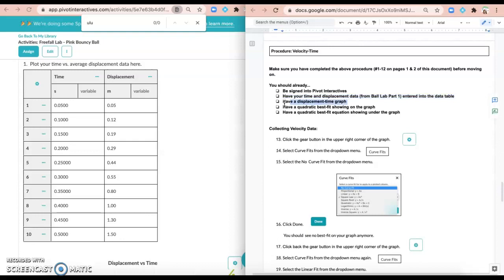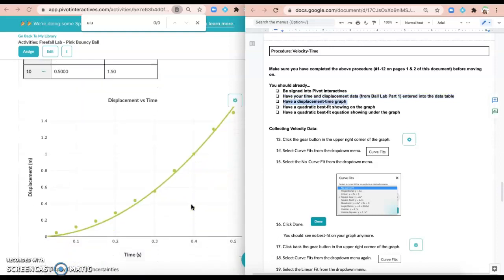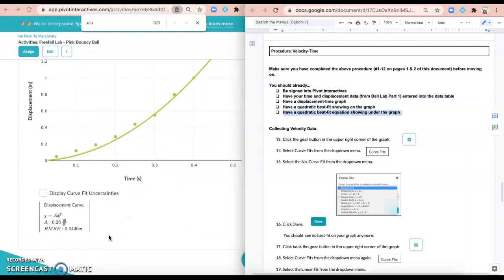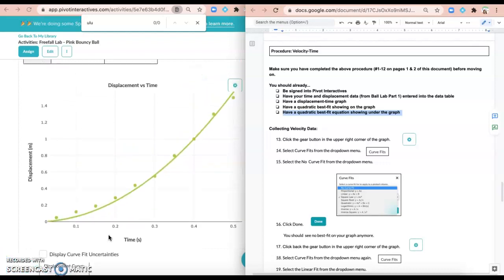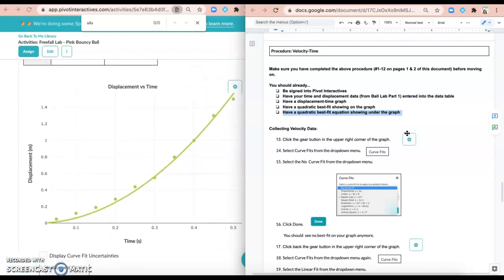You should have your displacement time graph, and that quadratic best fit should be showing on your graph, and under your graph you should have that quadratic best fit equation. So make sure you're at the same point that I am. If you need to go back, how I got to this point was following the instructions for number 1 through number 12 on pages 1 and 2 of this document.